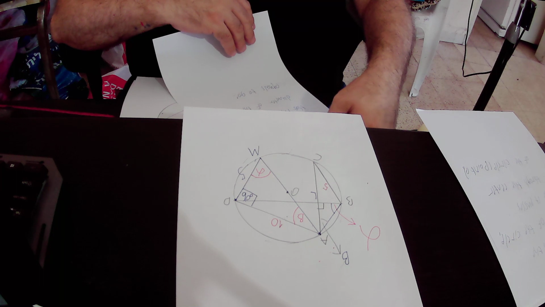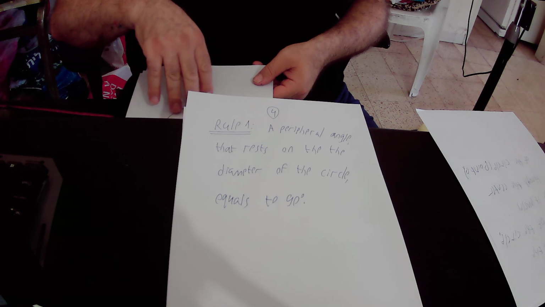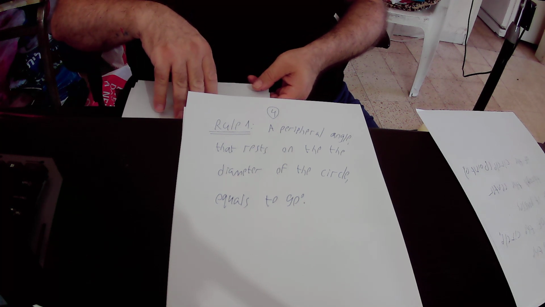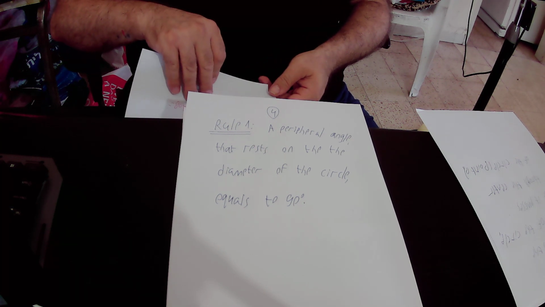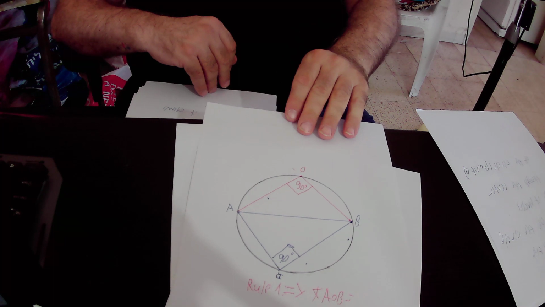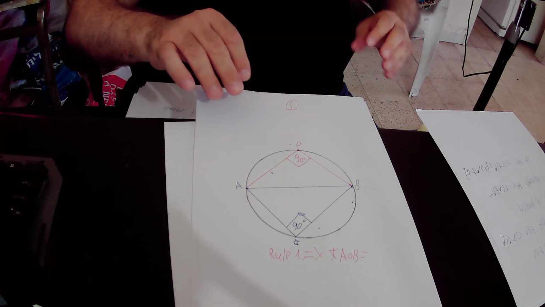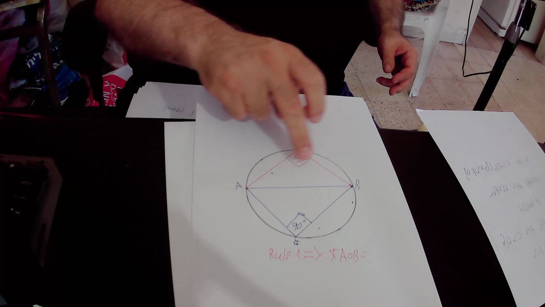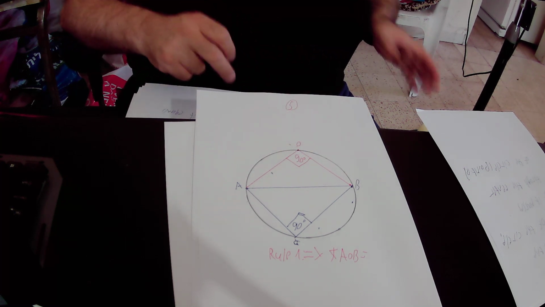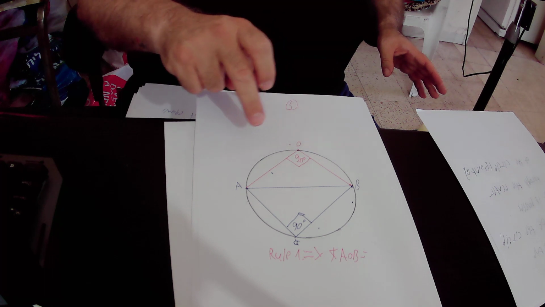Okay, and we have rule number 1 that states that a peripheral angle that rests on the diameter of the circle equals 90 degrees. So I will give you an example of what rule number 1 states. If the diameter of this circle is chord AB, any peripheral angle that rests on the diameter of the circle equals 90 degrees.